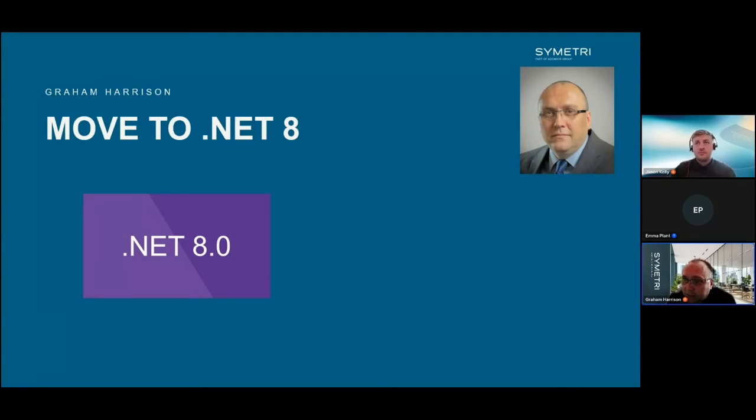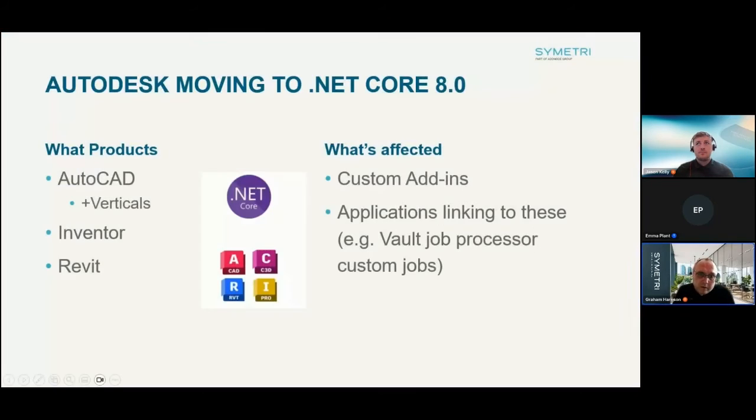the move to .NET 8. So previously in Inventor and Autodesk applications, the add-in API engine has been based on .NET 4.8. So this would be in all of the AutoCAD verticals, Inventor, Revit, Vault, and the like.